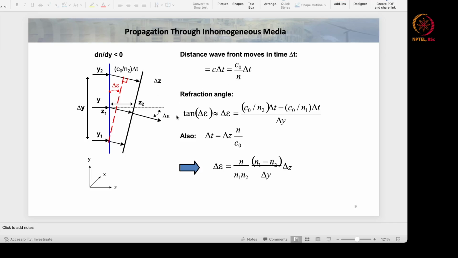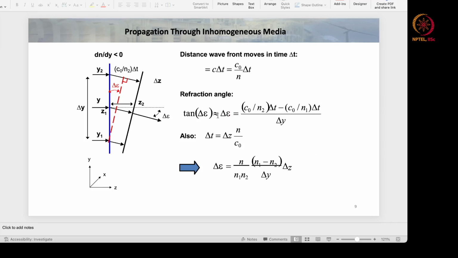All right. Now, if you want to consider the refraction angle, you will find that it is basically the tan of this angle. But because this angle is very small, because n changes by a very small magnitude for a large change in density, this is given as delta epsilon.